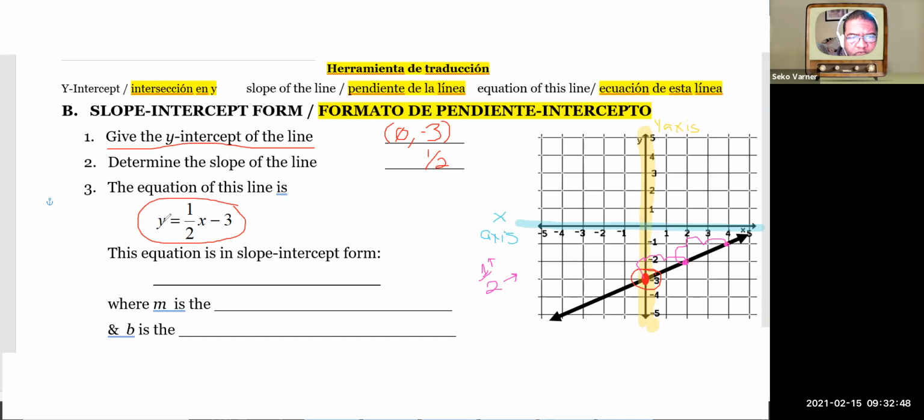The equation is y equals 1/2 x minus 3. So this is our y-intercept. This is our slope. The equation is in slope-intercept form where m is the slope and b is the y-intercept.